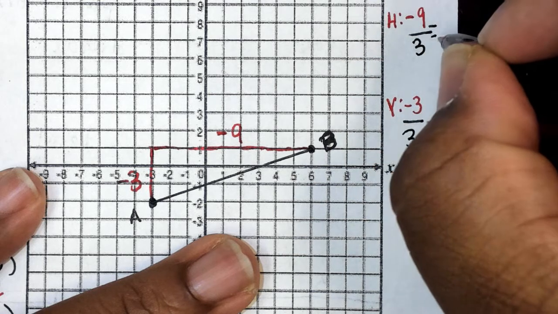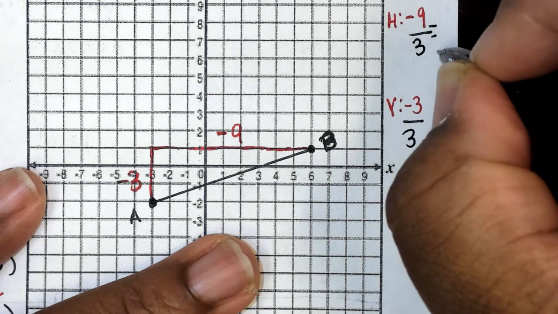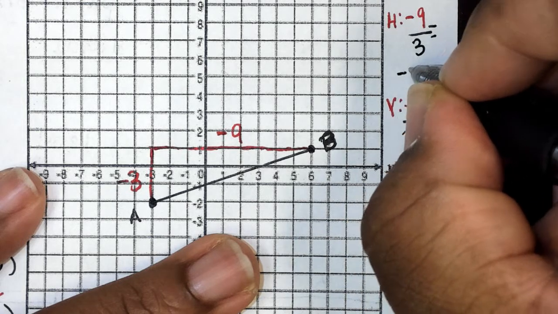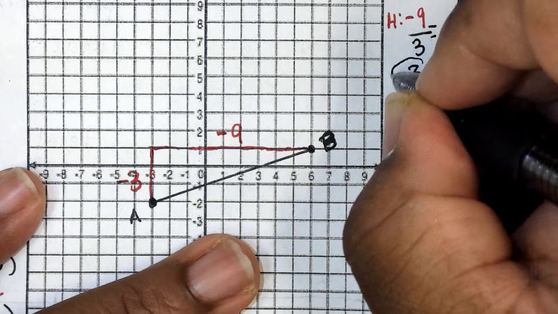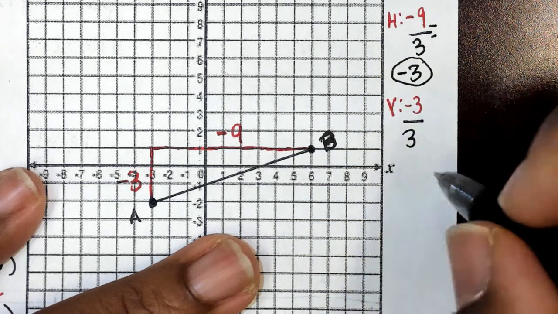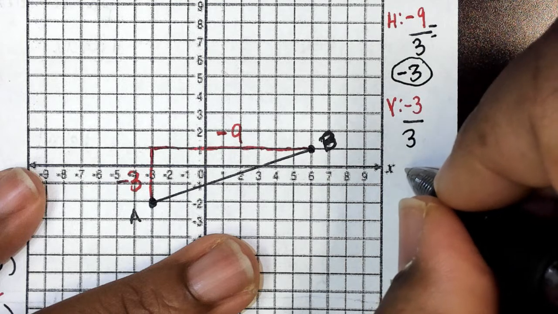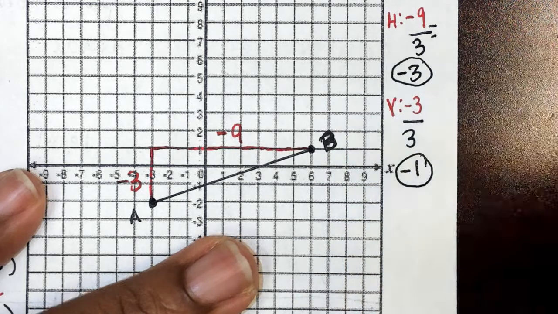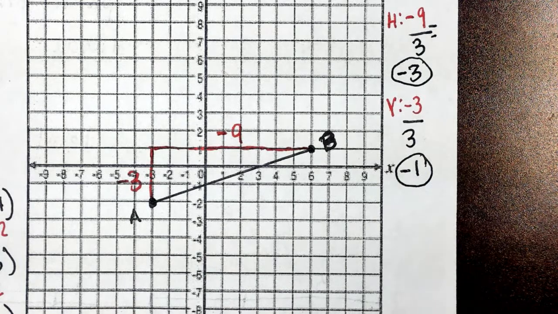-9 divided by 3 is -3. I'm going to have to write it under. And then my vertical change, -3 divided by 3 is -1. This is just telling me how to move, alright?